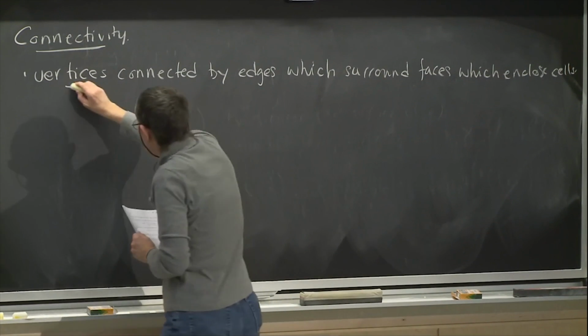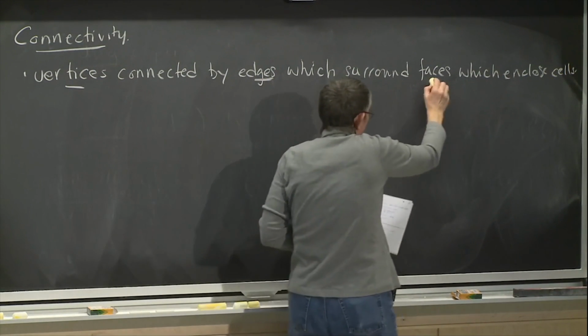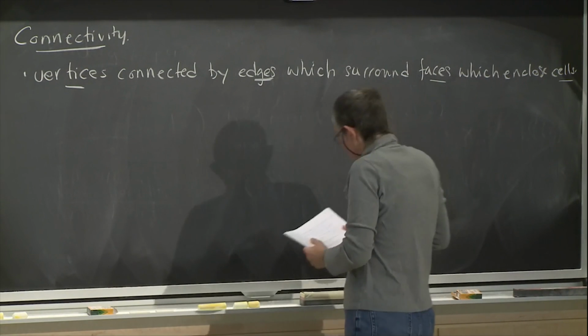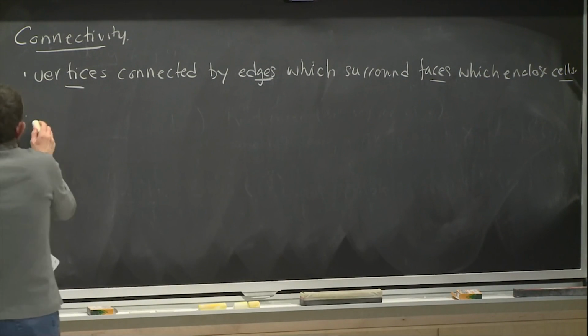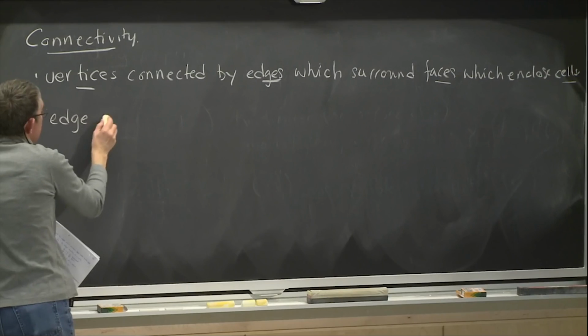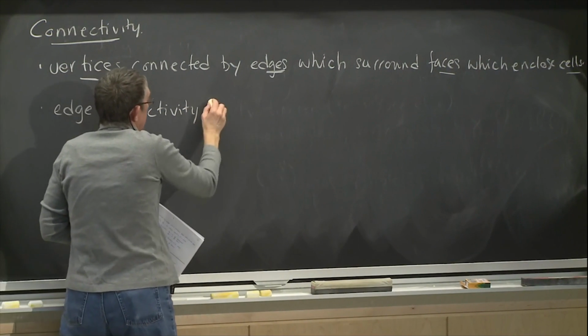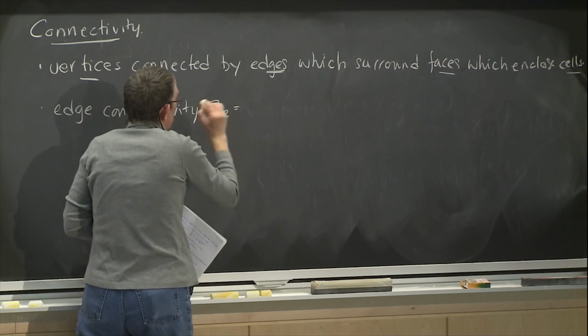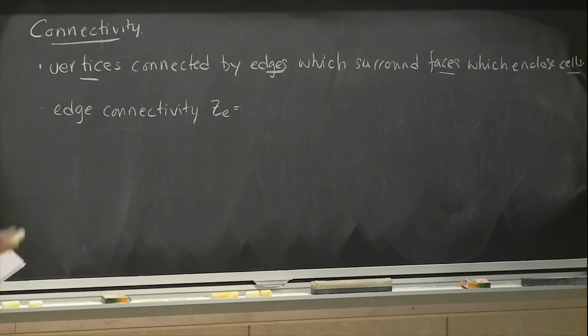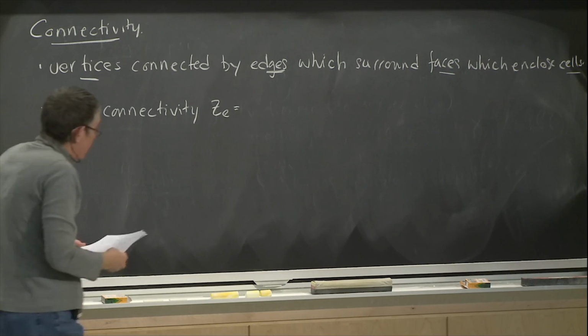So we're going to talk about the vertices, the edges, the faces, and the cells. The edge connectivity, ZE, is the number of edges that meet at a vertex.